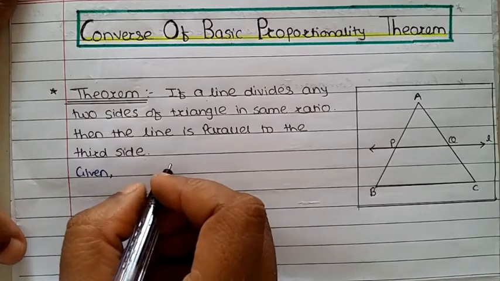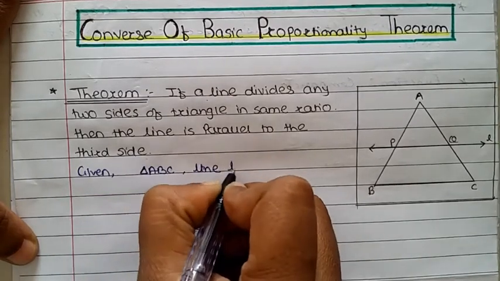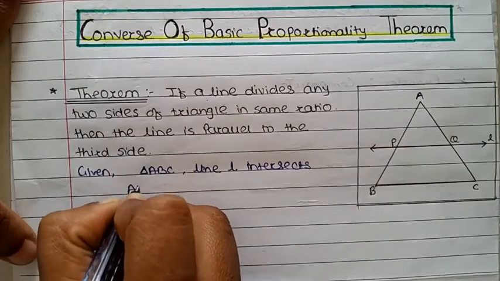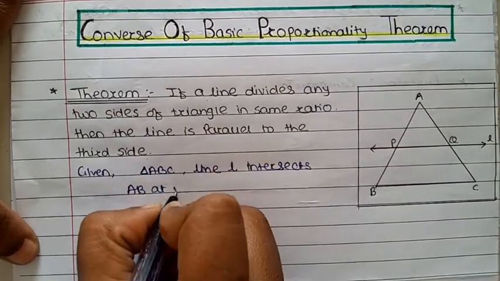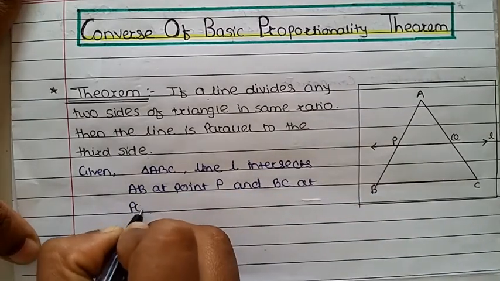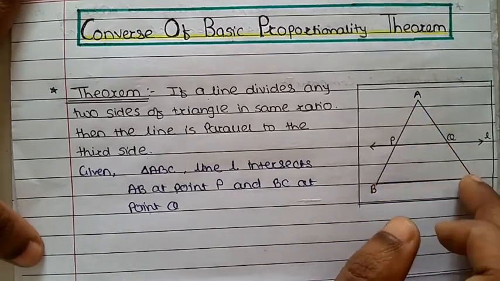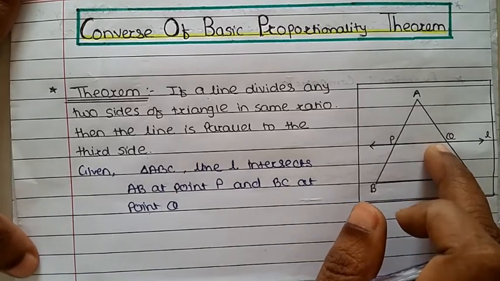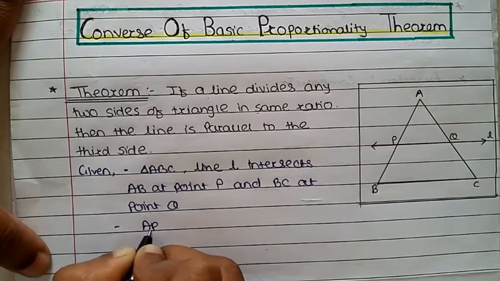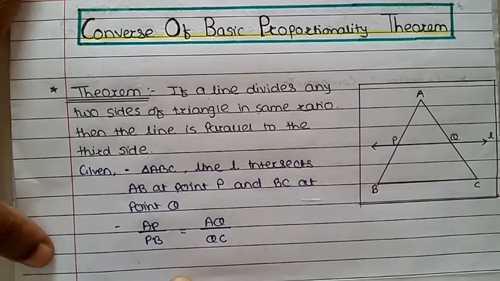So in this theorem, the given is triangle ABC, line L intersects AB at point P and AC at point Q. On line AB the intersection point is P, and on line AC the intersection point is Q. Another part given is that it is in the same ratio, that means AP upon PB is equal to AQ upon QC. This is given here.